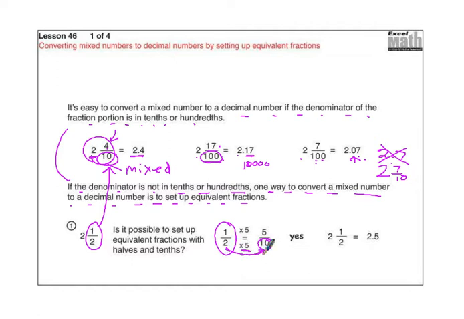So since we multiply the denominator by 5, we multiply the numerator by 5, and we get 5/10. Most of you already know that 1/2 is equal to 5/10. So 2 and 1/2 is equal to 2.5, because it's equal to 2 and 5/10, which is the same thing, just written a different way as a decimal.